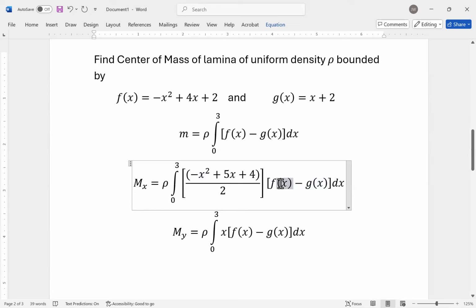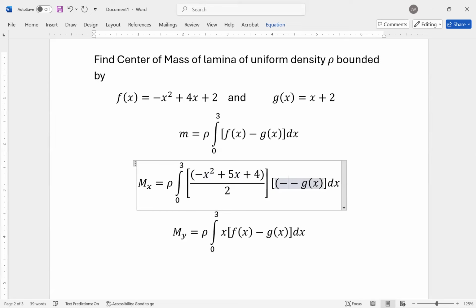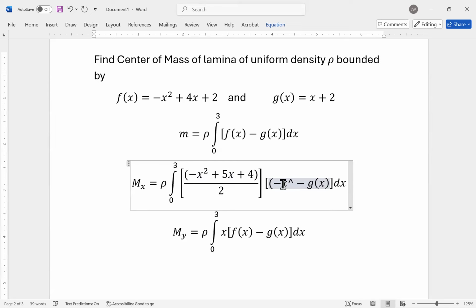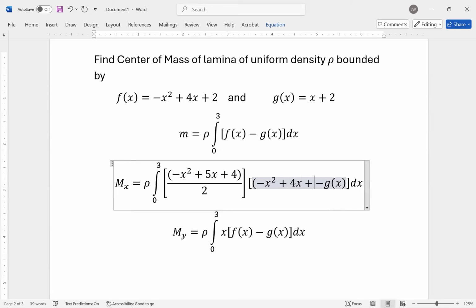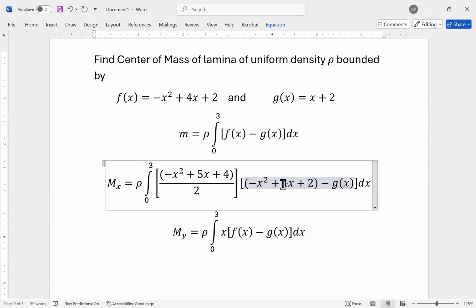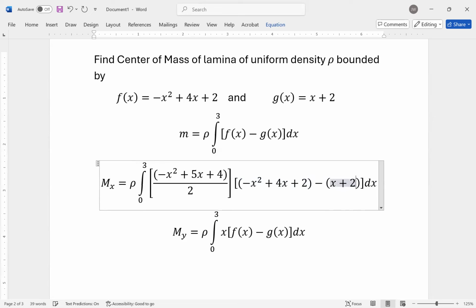And then the f minus g is very similar, but we're subtracting. So we get negative x squared plus 4x plus 2 minus x plus 2. Be careful when you're writing this because that x plus 2 should be obviously in parentheses.